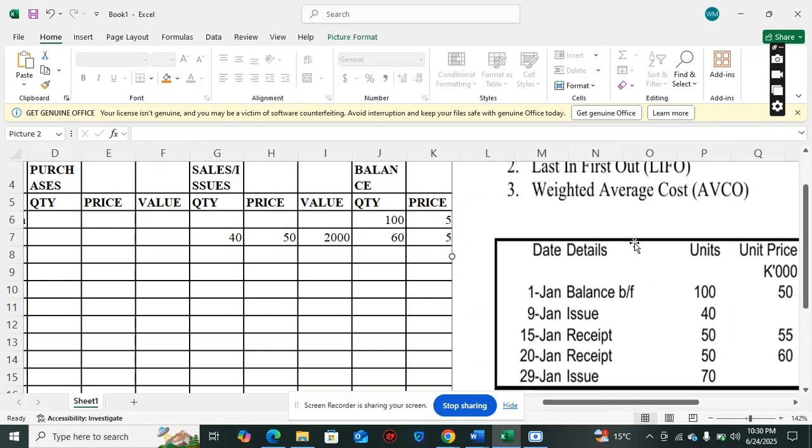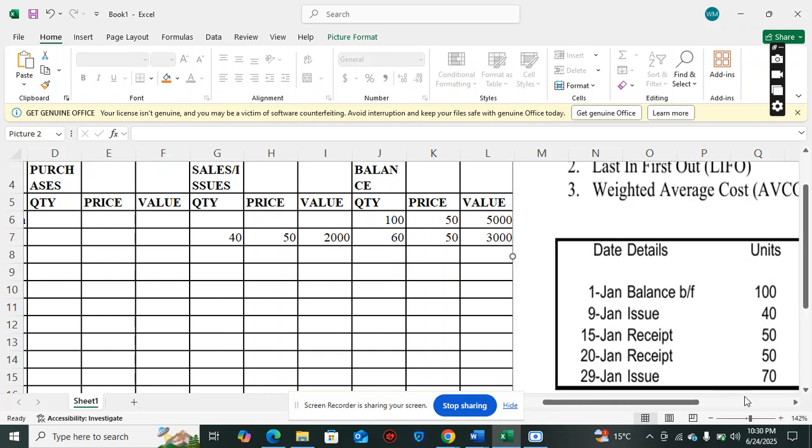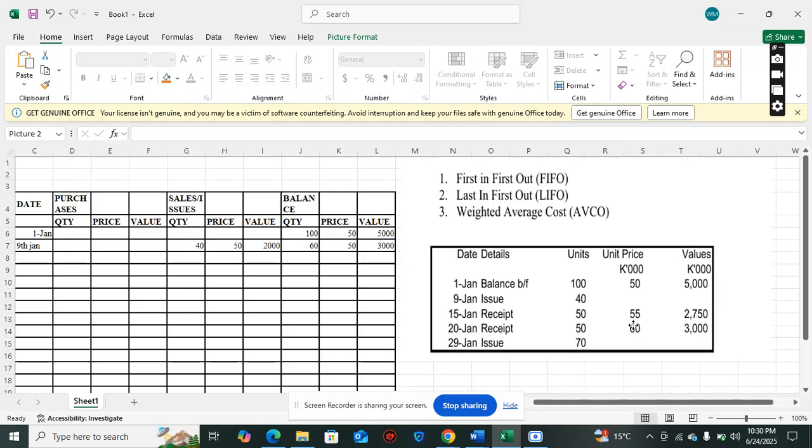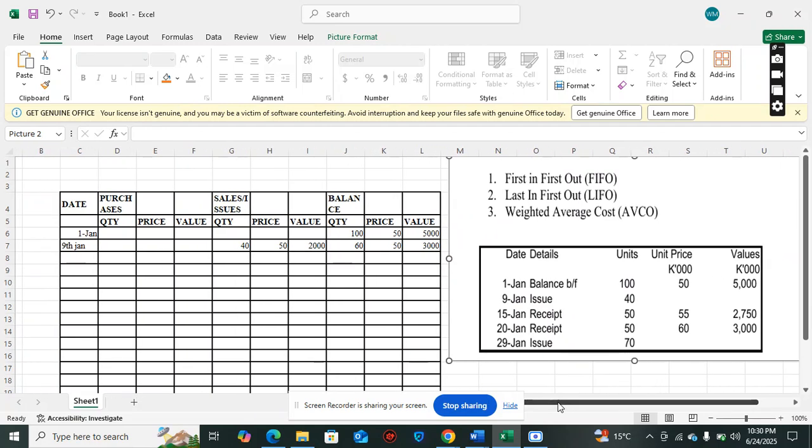Any questions, colleagues, before I move further? Issues can also be to another department, or to the sales department where it will be sold.